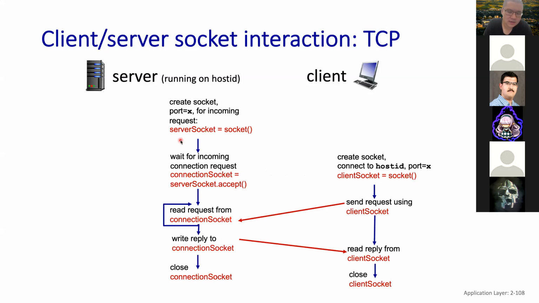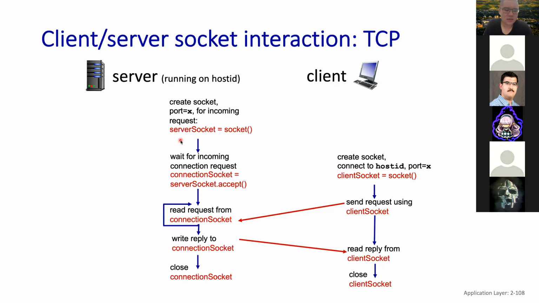This is exactly similar to UDP. You send a request, the server side reads the request and writes the reply, the client side reads the reply and closes the client socket, and then the server side closes the socket. I think the lower part is almost the same as UDP: you send and receive, encode and decode, and so on.